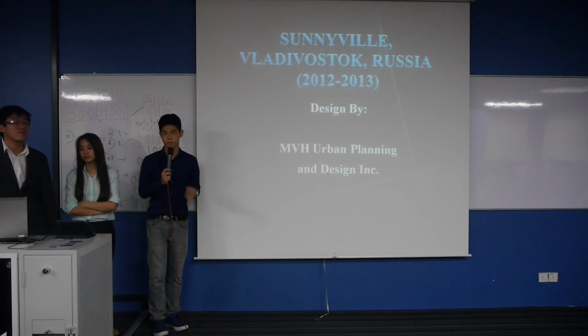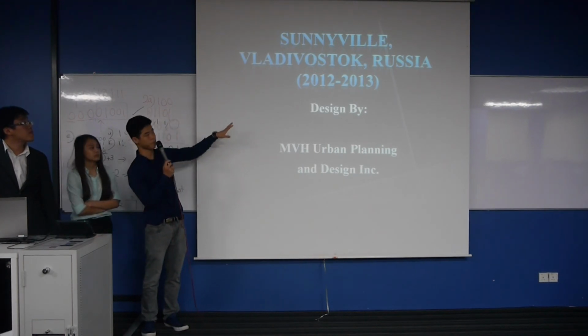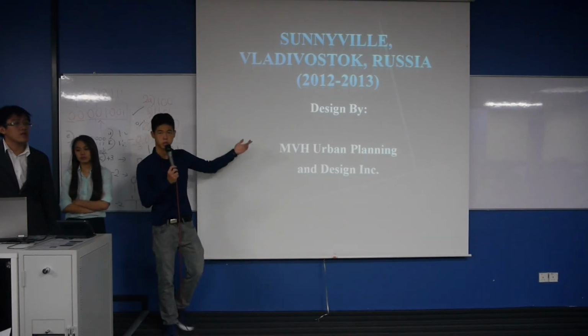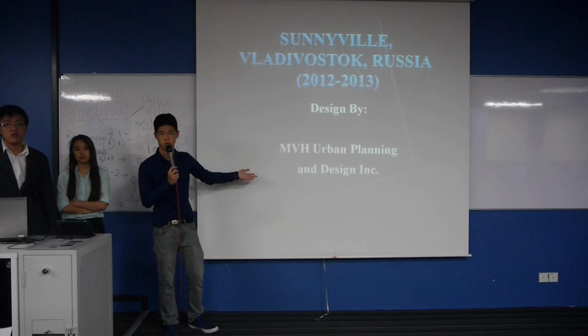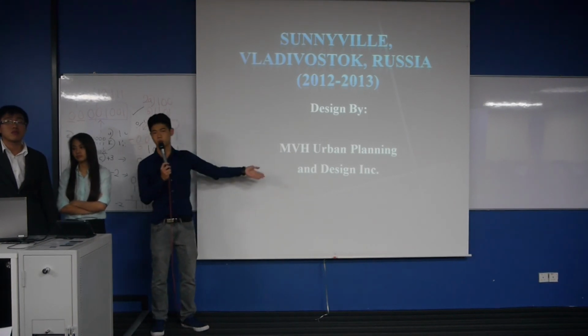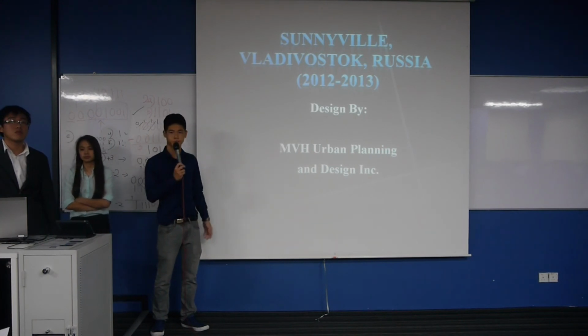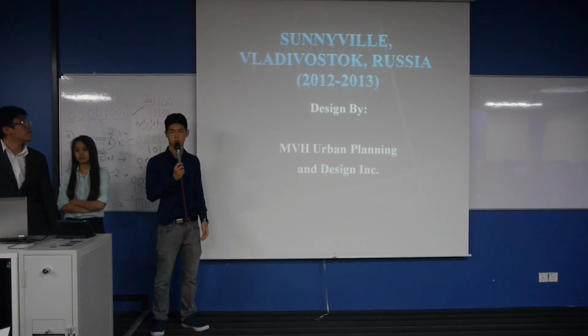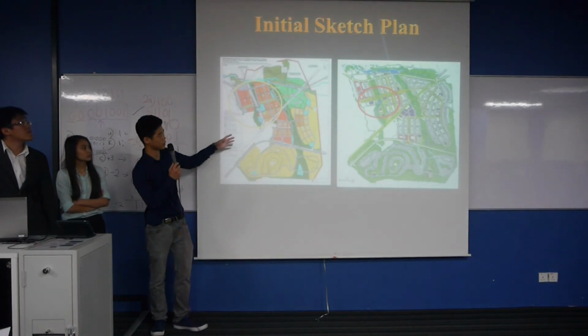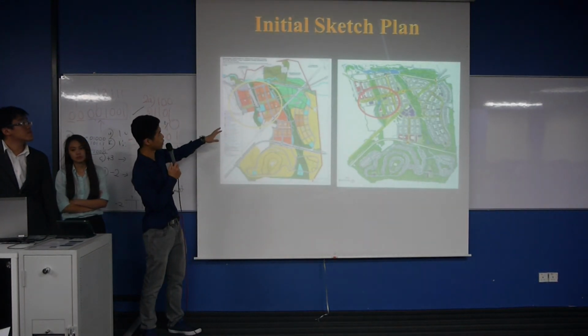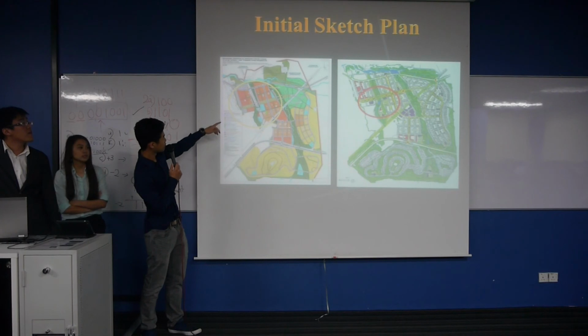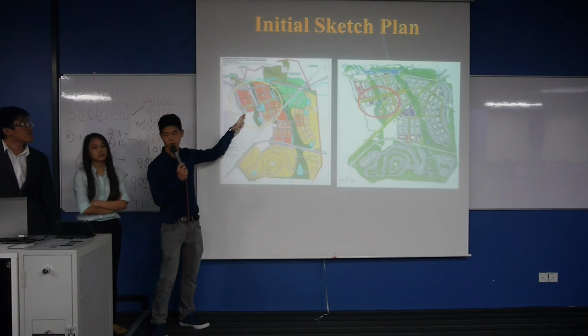Yeah, that's all. And now we are making a comparison between local and international. This one is from international, and we are using MBH Urban Planning and Design. This is how they do the initial sketch plan. This is where they plan it.